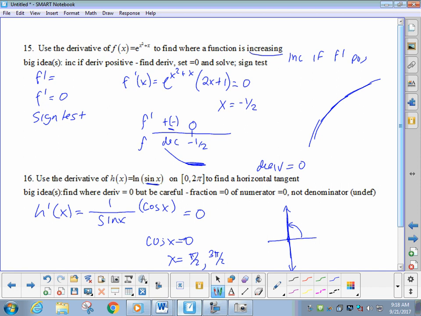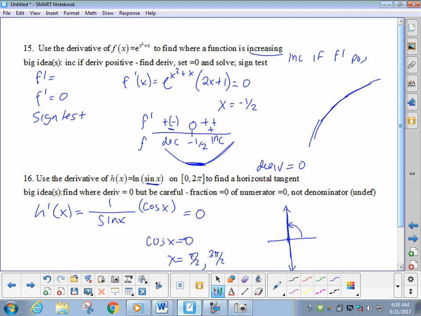And then after negative 1/2, say at x equals 0 is a test point. E to the 0 is positive 1. 0 plus 1 is positive, so the derivative is positive. On that side, then, the function is increasing. If the derivative is positive, the tangent slopes are positive, the function must have been increasing.